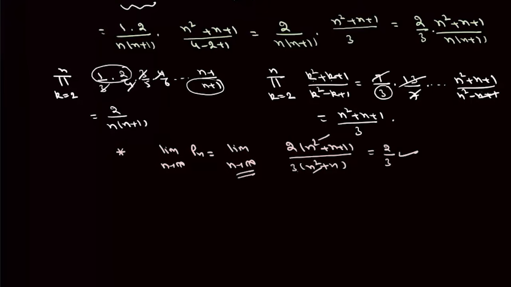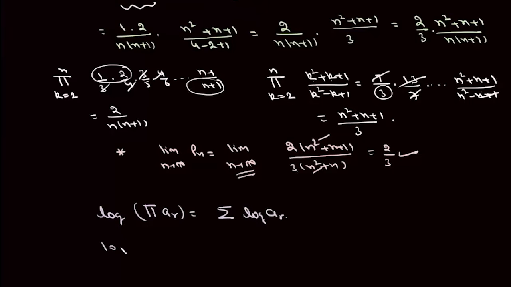Now every telescopic product can be turned into a telescopic summation using logarithms. So if we have this product, suppose product of a(r), and if we take log, it'll change to this summation of log a(r).